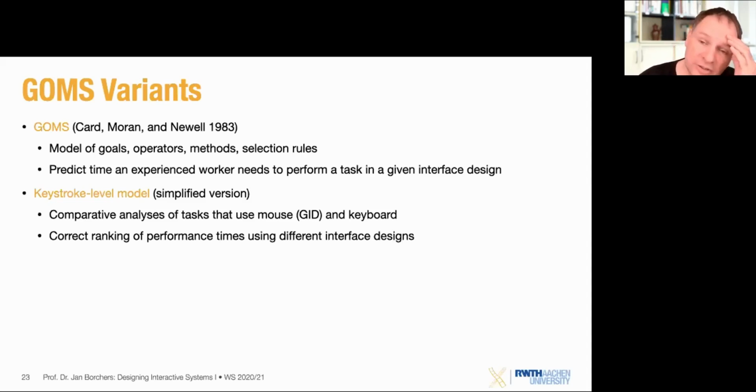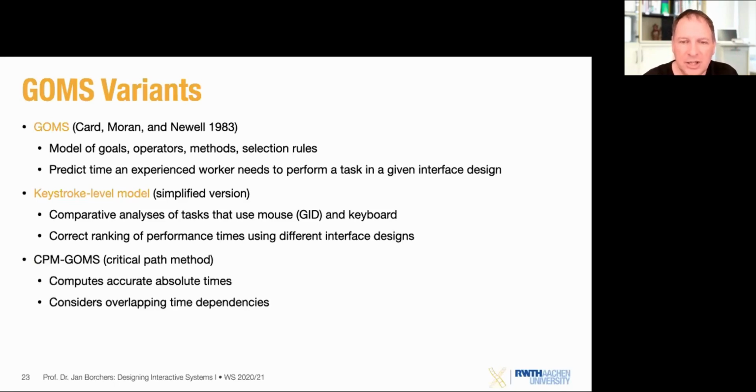Then I said originally that GOMS actually lets you compute execution times and learning times. And execution times, I explained that you first go to a menu, then you click, then you verify whether you clicked the right select point, etc. And people tend to be faster than what GOMS predicts. For example, a lot of things we do in our mind in parallel.